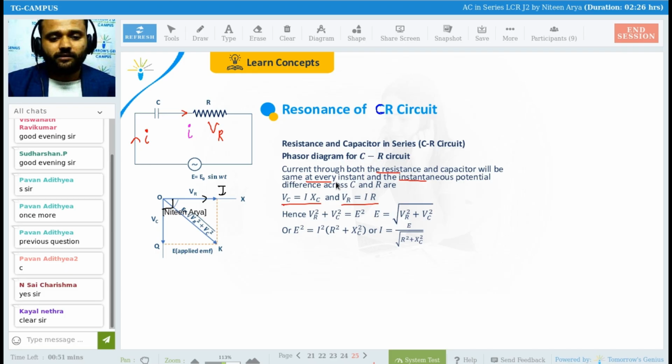And that gives your total EMF for the RC circuit. Clear, everyone?